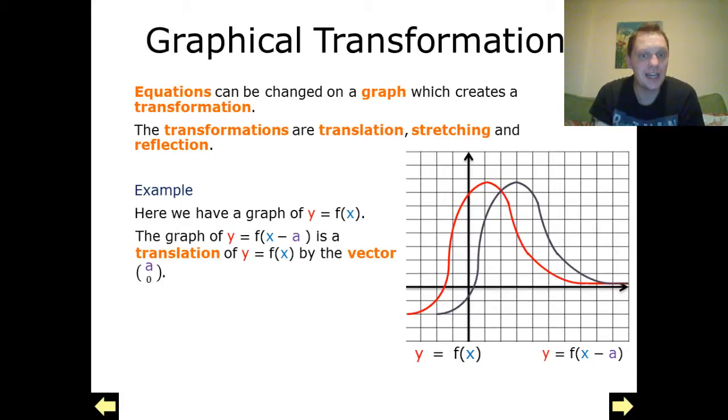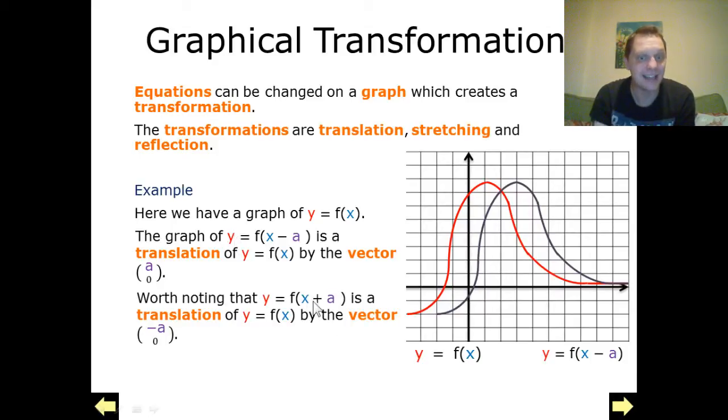Here we've got x minus a actually within our function. And what you can see here is that it has translated to the right. It's been shifted to the right this time, which means that it's actually translated by the vector a over 0.